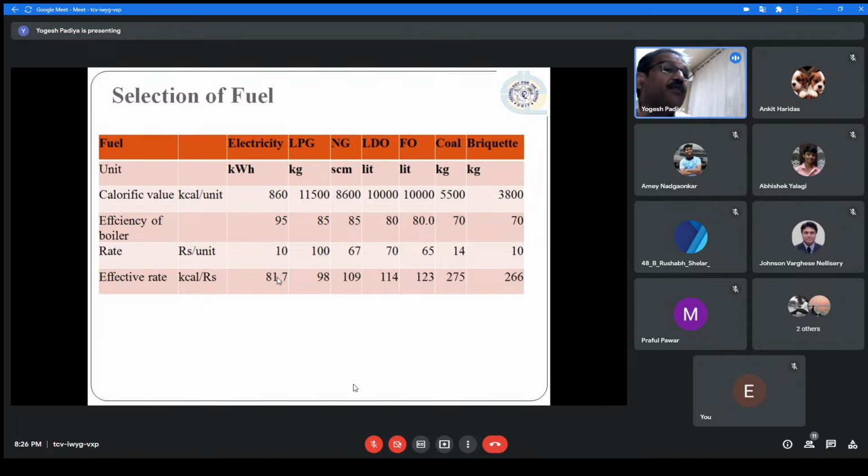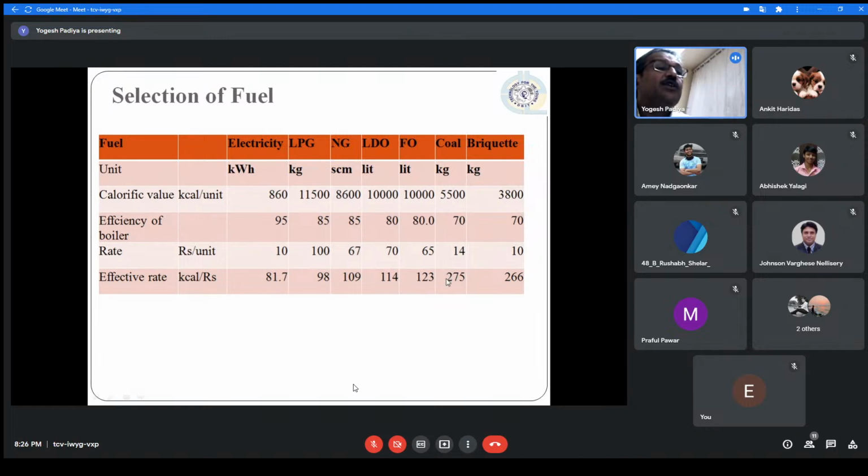Now let us compare with coal. Coal's calorific value is less and efficiency is poor, but the rate is 14 rupees. It means in 14 rupees I am getting 5,000 kilocalorie into 0.7, which is 3,500 kilocalorie, or less, say 3,000 kilocalories at 14 rupees.